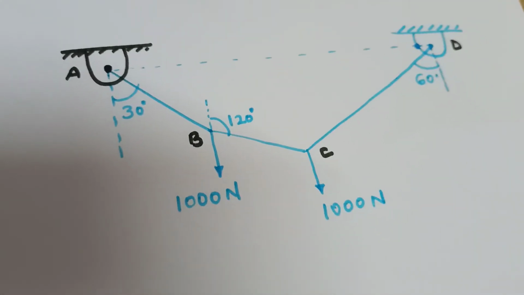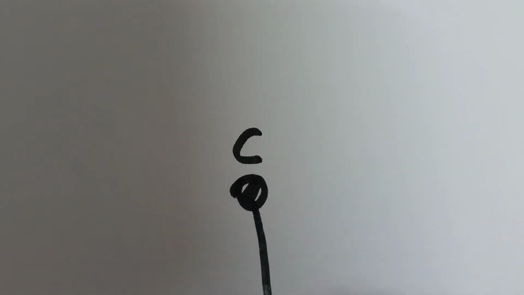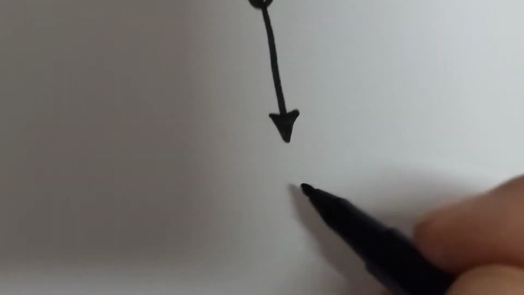So first of all, I will take this as point C. Okay, so this is point C. It is subjected to again a weight of 1000 newtons.